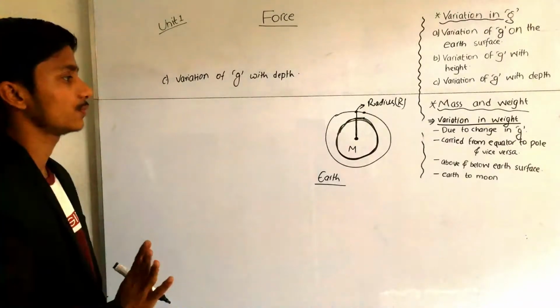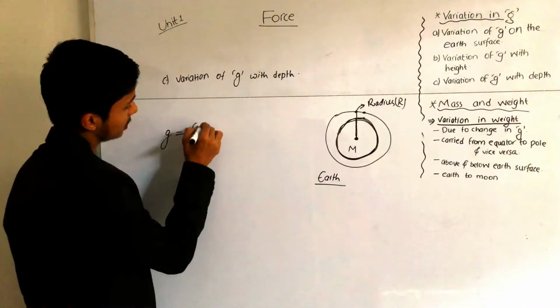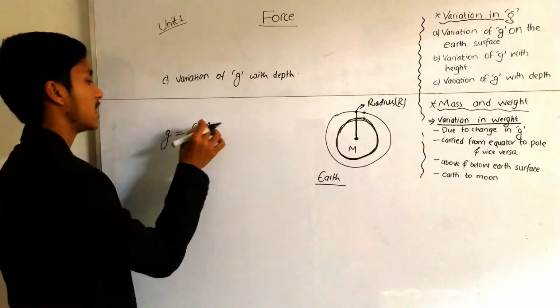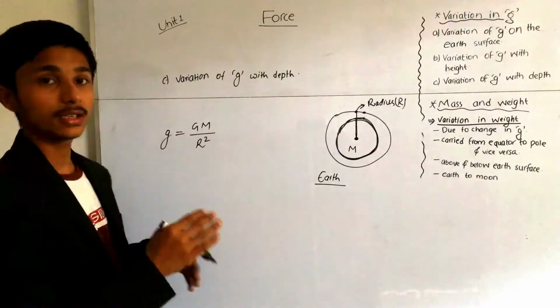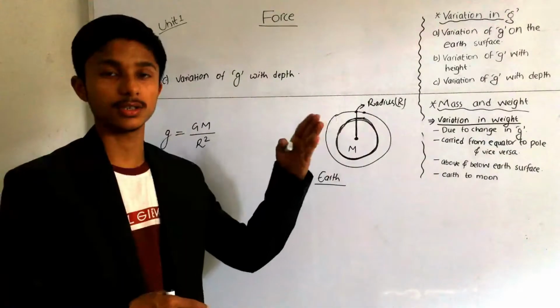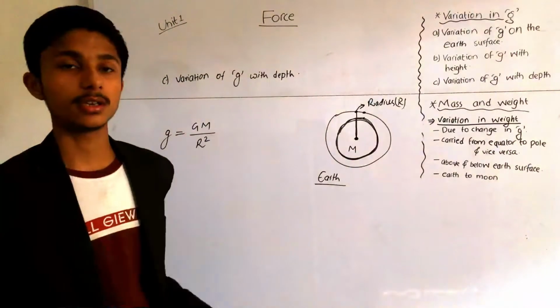As we know, acceleration due to gravity is dependent on the mass of the Earth and radius. It means when mass increases, acceleration due to gravity also increases, and when radius decreases, acceleration due to gravity increases.